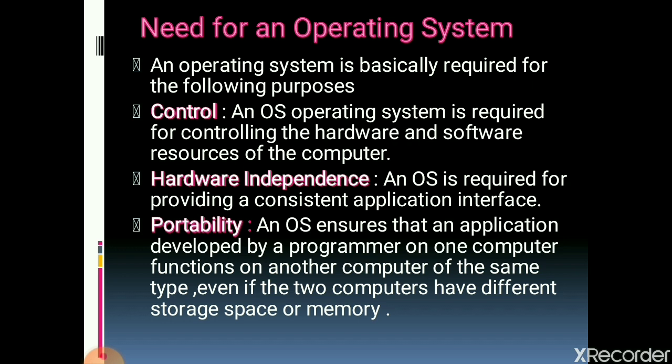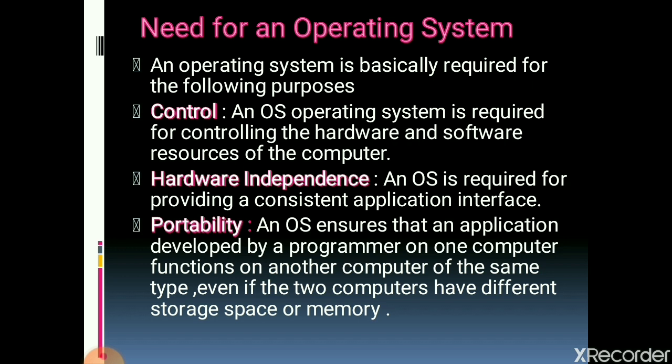For example, one computer has 4 GB RAM and 1 TB hard disk, and the other computer has only 2 GB RAM and only 750 GB hard disk. Irrespective of all these, it functions normally on different devices, which is called portability.